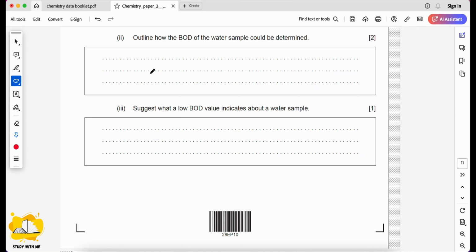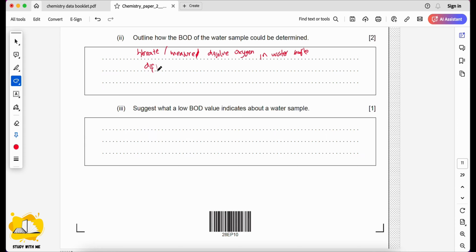Okay, outline how the BOD of the water sample could be determined. So you can do titration. This is to measure dissolved oxygen in the water sample.